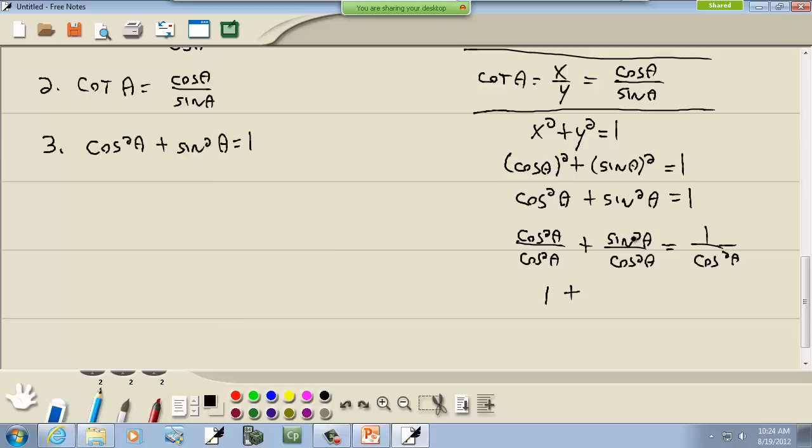Now, sine squared over cosine squared: sine over cosine is tangent, and these are squared, so this would be 1 plus tangent squared. And 1 over cosine, if you remember from last section, we said was secant. So that's secant squared. So our fourth formula, we got 1 plus tangent squared is equal to secant squared.